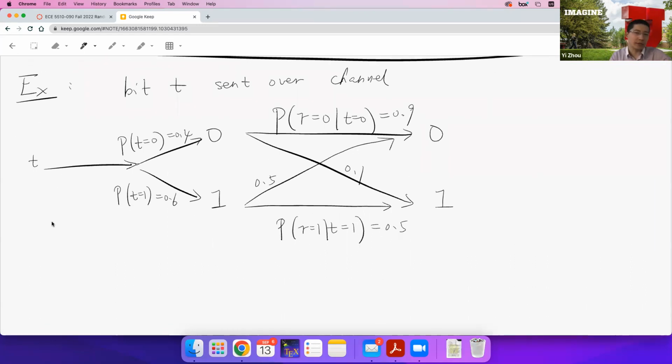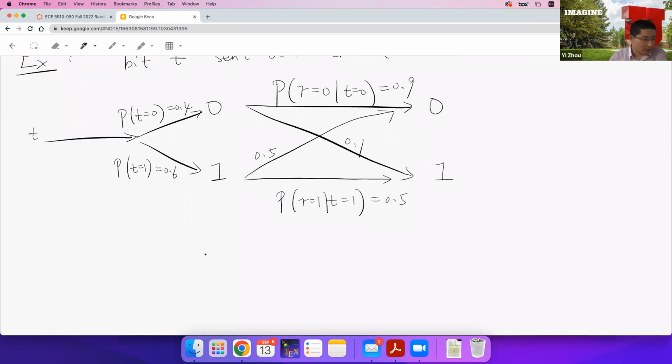So the entire system is now well defined. We generate a message based on this random rule, and then depending on which message we generate, the receiver side will have different chances of receiving either 0 or 1. So we have a couple of questions. What is the probability that we receive a 0?